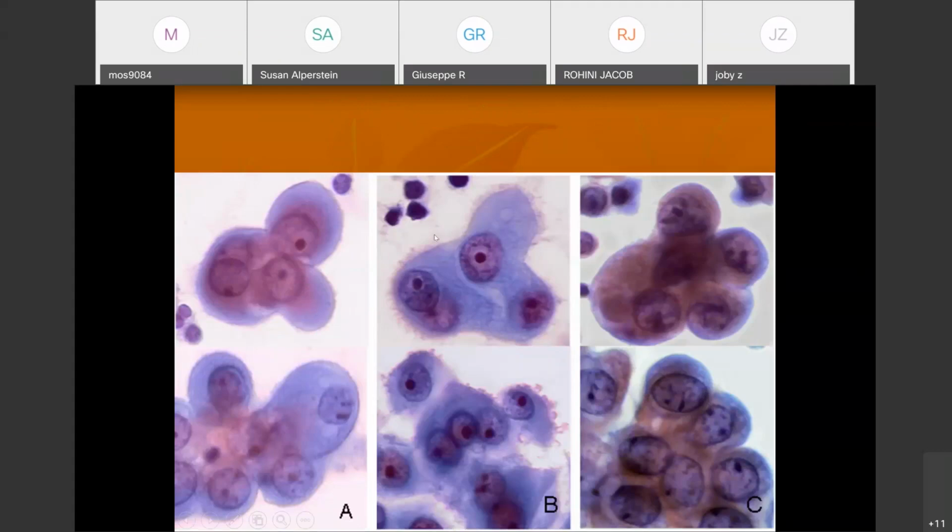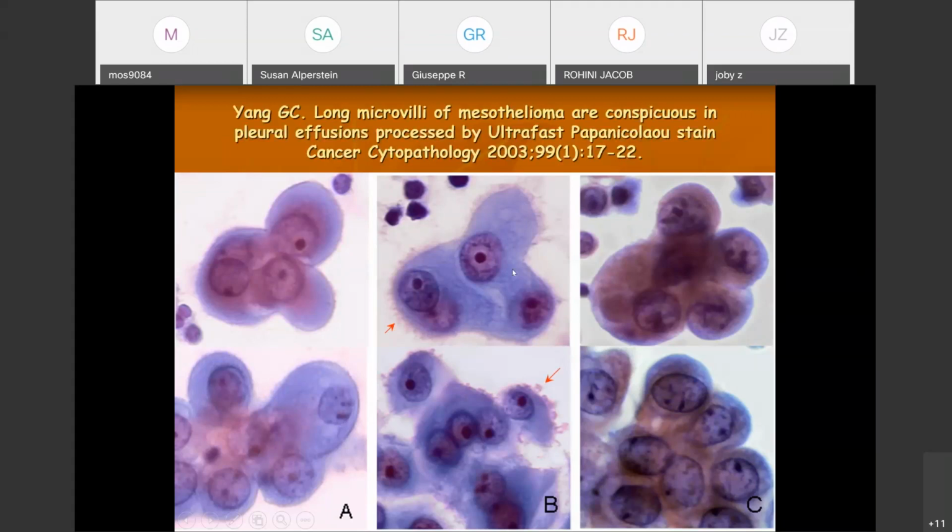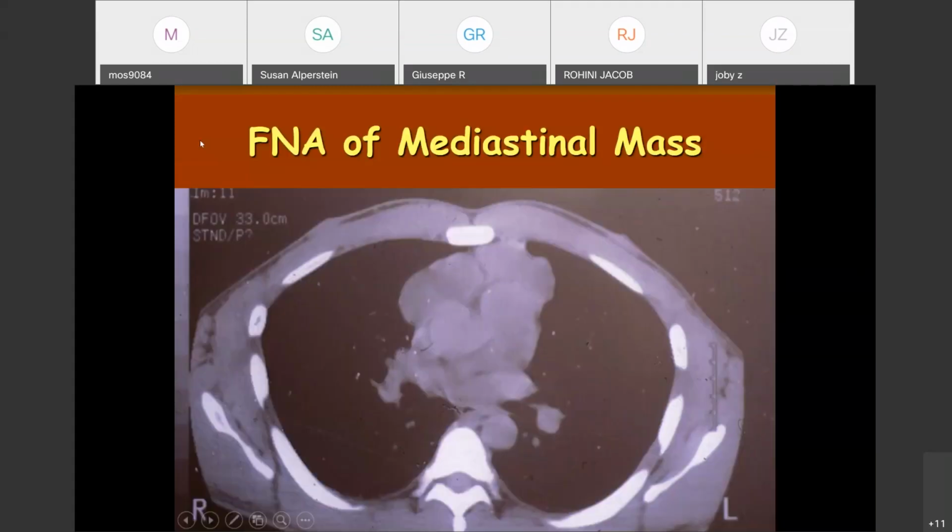Only mesothelioma has these long microvilli. You see, that's cytology. Long microvilli.